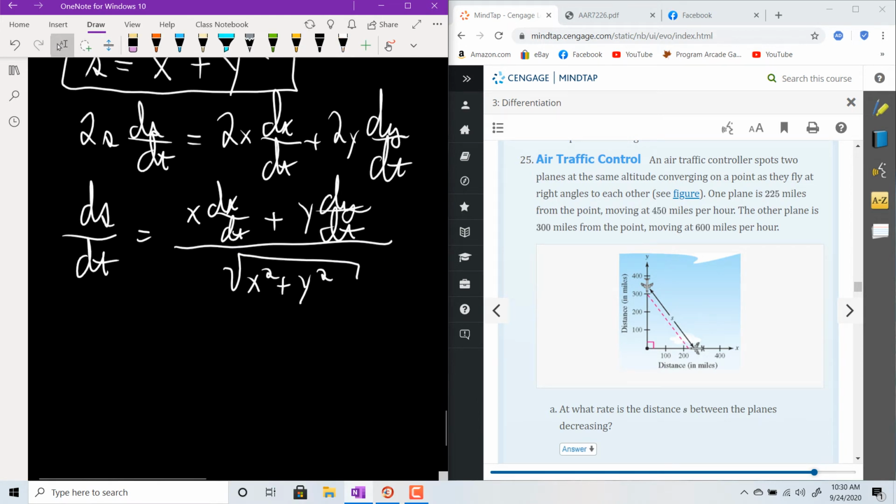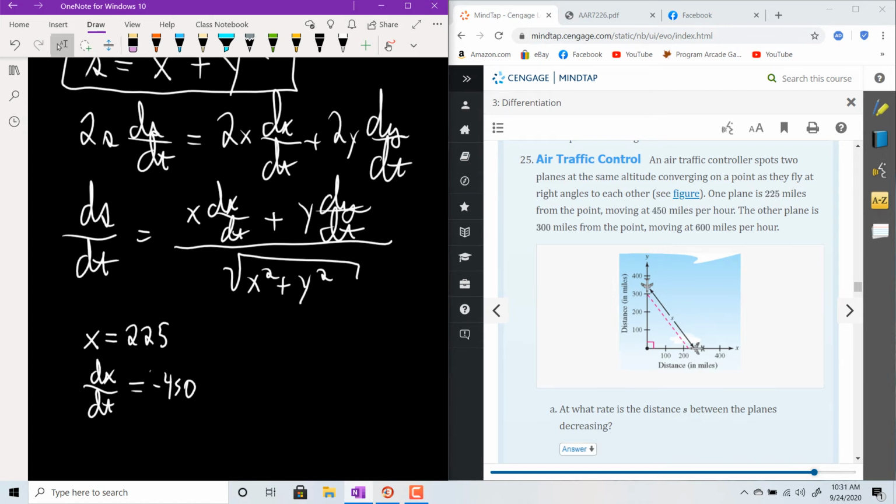So the given information is telling me that the one plane, we want to know the rate of change of the distance between the planes when the one plane is 225 miles out and its rate of change is, what did we say, 450 miles per hour. And you may want to put negative 450 just to indicate it's going towards the origin as opposed to away, but I don't think it'll matter.